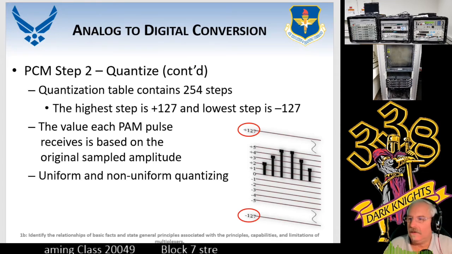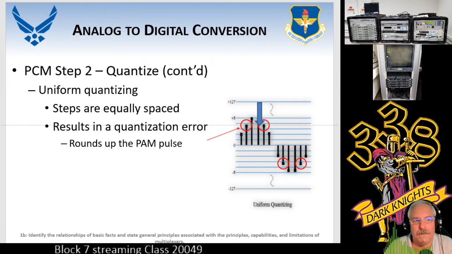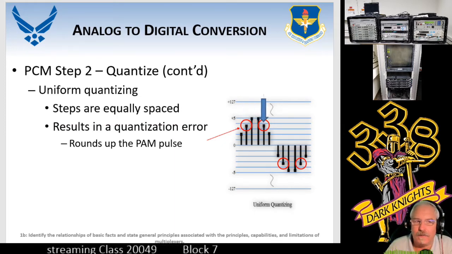We have two different types of tables that this particular waveform fits on. One is uniform, the other is non-uniform. I showed you the uniform, so let's take a look at some of the problems we might see. Well, when we put these samples on here, you may have samples that fit in a place where they don't quite reach the line to apply that decimal signal or the number that we need to put it at.